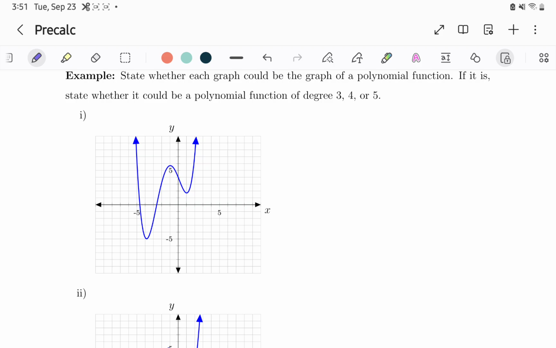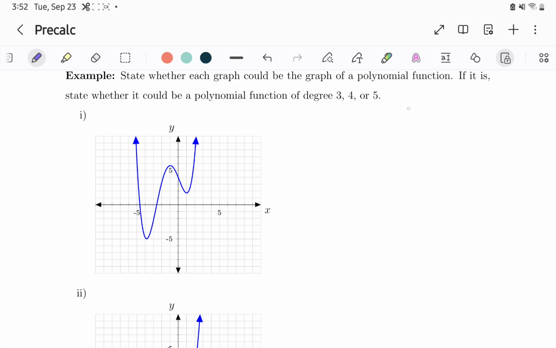But of course, those are going to have an infinite number of turning points. So requiring that there's only finitely many kind of resolves that discrepancy, if you will.